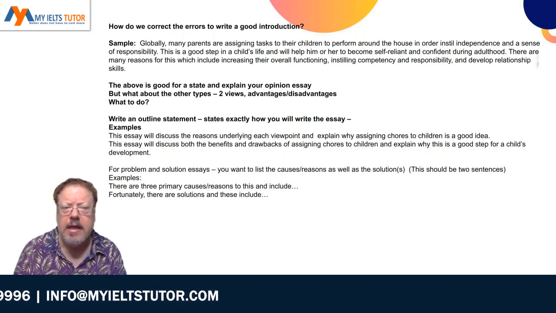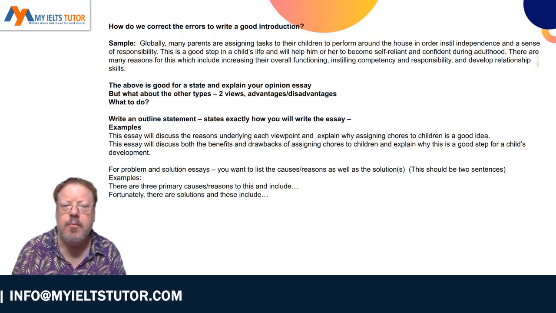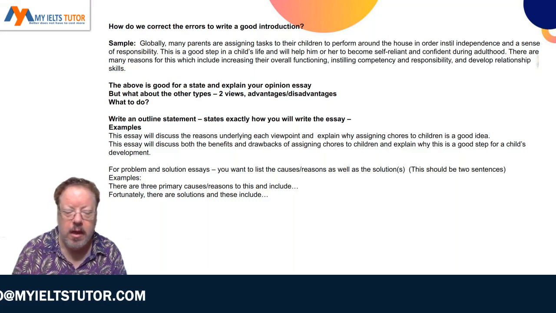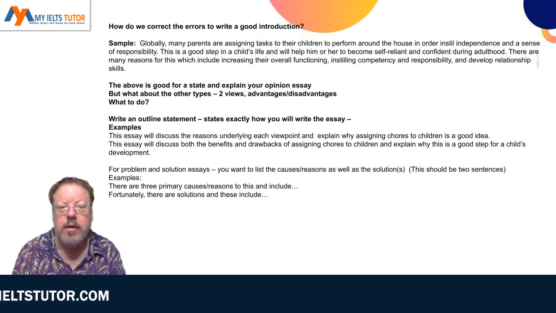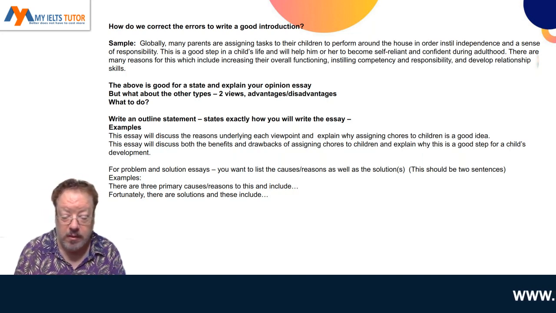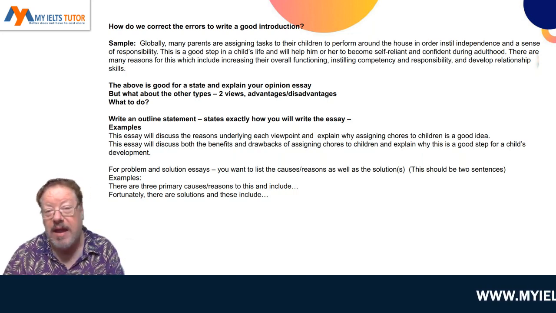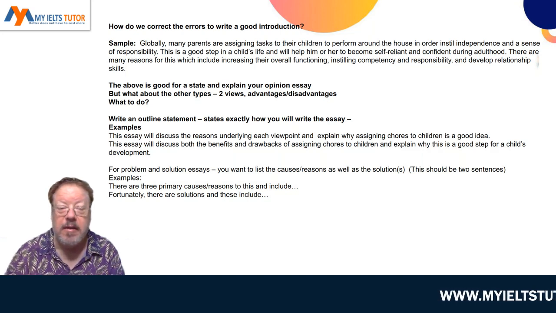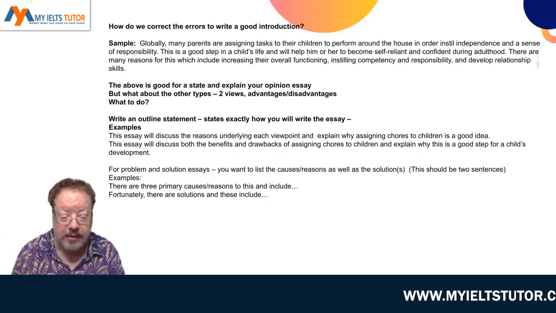Okay, assuming the prompt is 2 views, it clearly states it's going to explain the reasons behind the two views. It does not just say discuss the two views, but the reasons behind the two views. And then explain which one is better, and you have to include that.